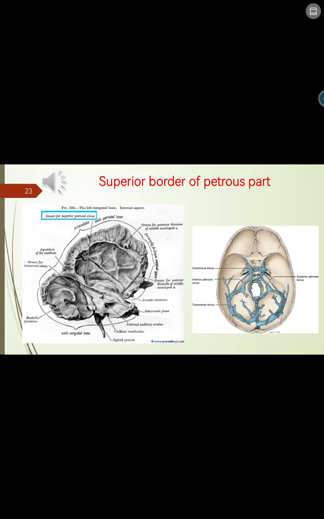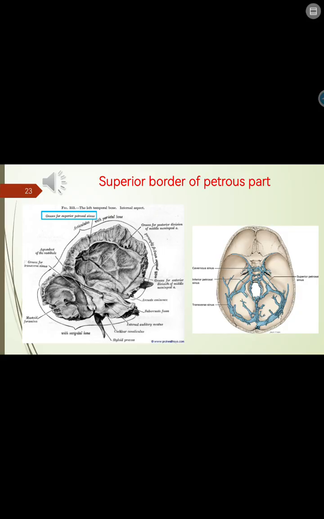The posterior border, together with the occipital bone, shapes the sulcus for the inferior petrosal sinus, and the anterior border articulates with the squamous part of the temporal bone and the greater wing of the sphenoid bone.